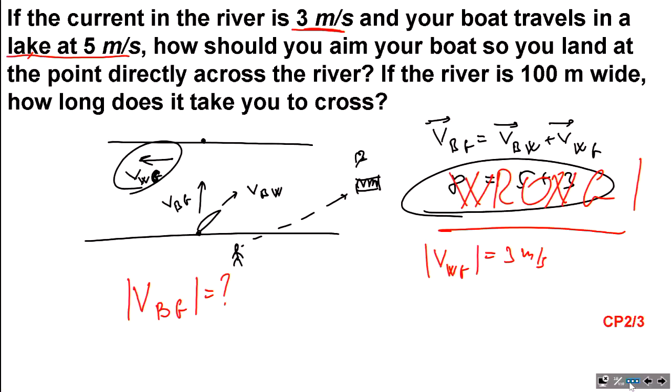It says in a lake, your boat would have been traveling at 5. In a lake, that is a clue that this number represents the velocity of the boat relative to water. The only missing number is the velocity of the boat relative to the ground. The relationship between these velocities is provided by the law of relative velocities. However, we cannot treat velocities as numbers because they are not.